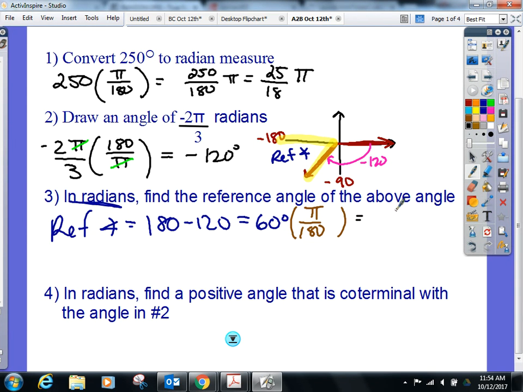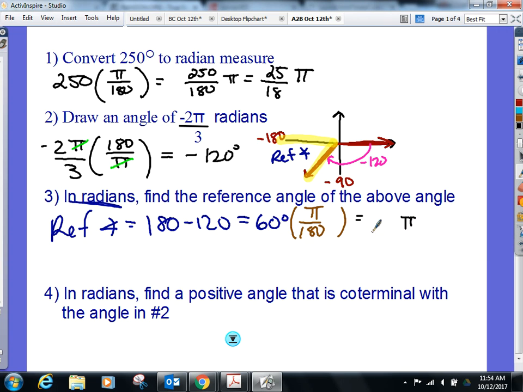Just reduce 60 over 180. And that reduces down to, what do you got there, Isabella? 1/3 pi.